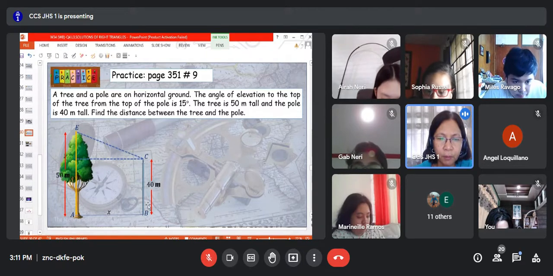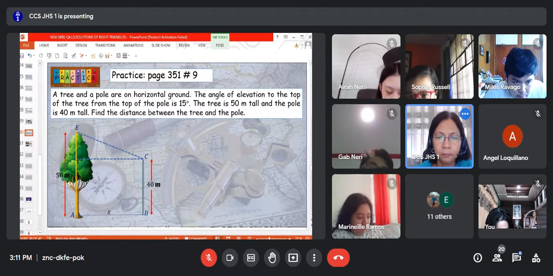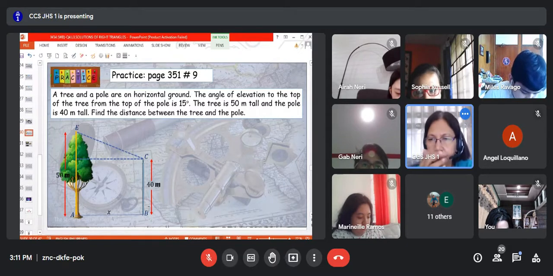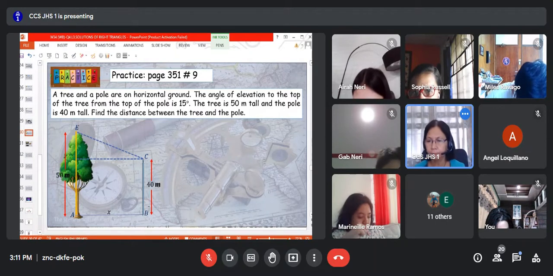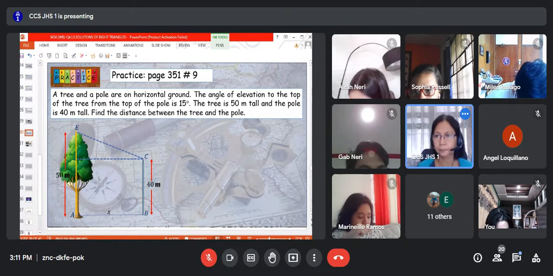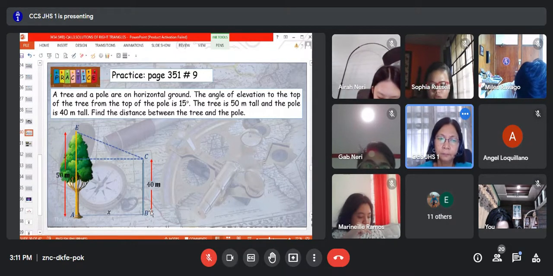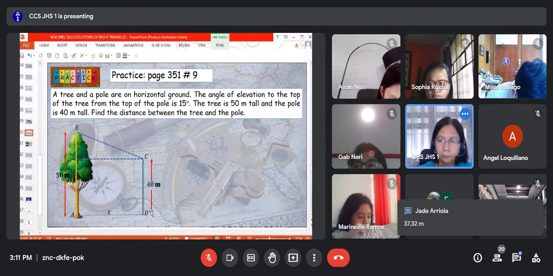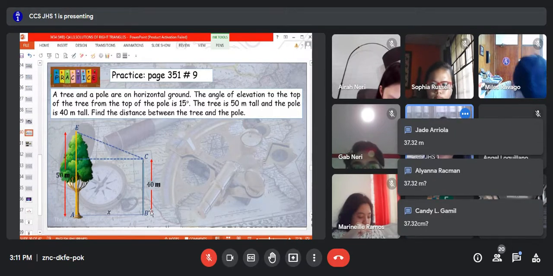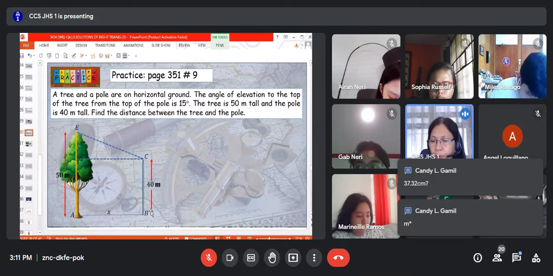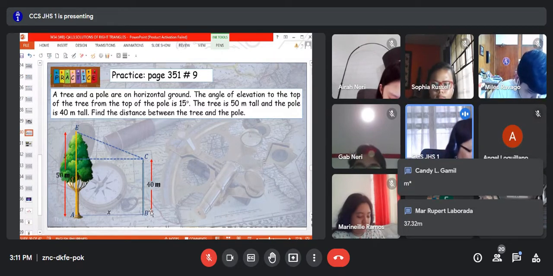The pole is 40 meters high. 37, okay, that's correct. Did you get 37.32 cm, or meters? It is meters.